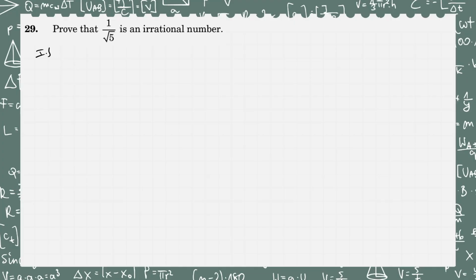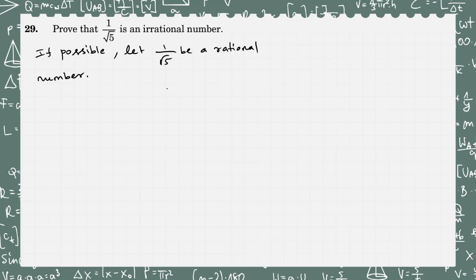So we will start like, if possible, let 1 by root 5 be a rational number. And you already know that every rational number can be written as p by q, where p and q are integers and p and q are co-prime.